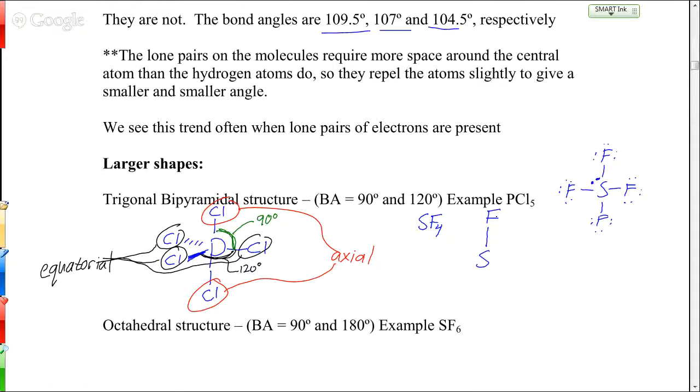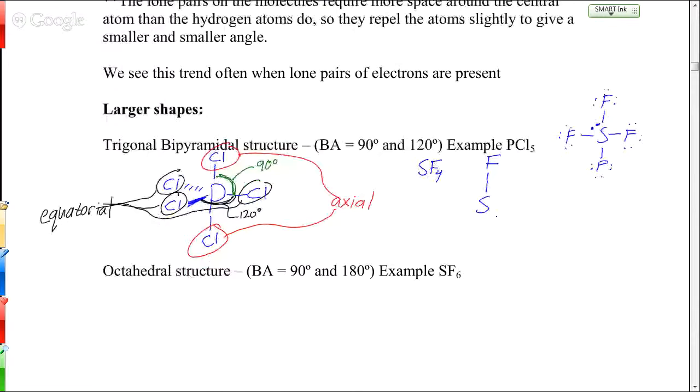Let's draw both of them and see what we think. So let's put the electrons in the equatorial bond. And then let's put the electrons on the axial bond.